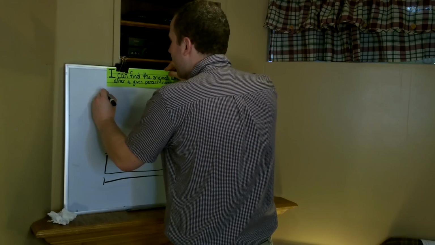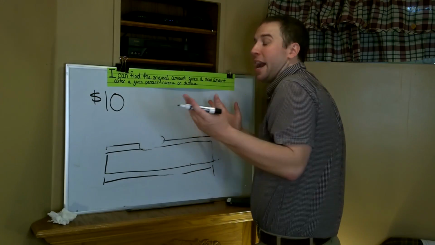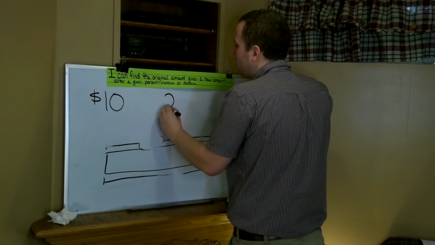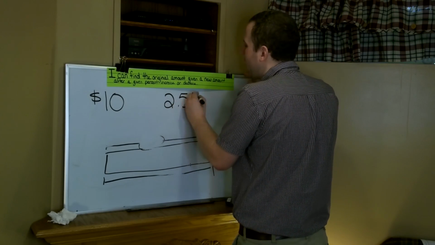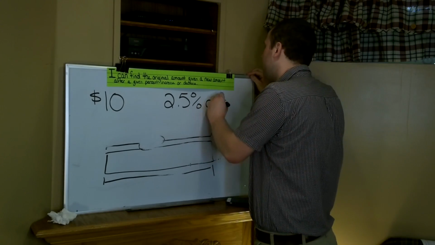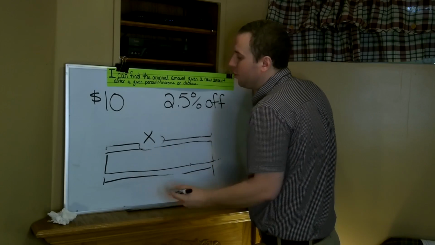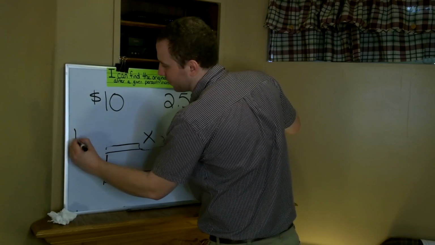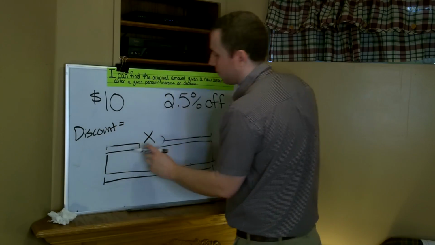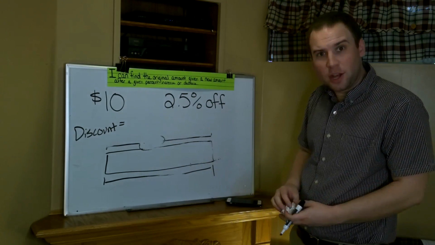The apples, which are normally $10 for a bag, are at a discount. Let's try a decimal percentage now: 2.5% off. What is our new discount price? I'll give you a minute to pause the video and solve this problem.